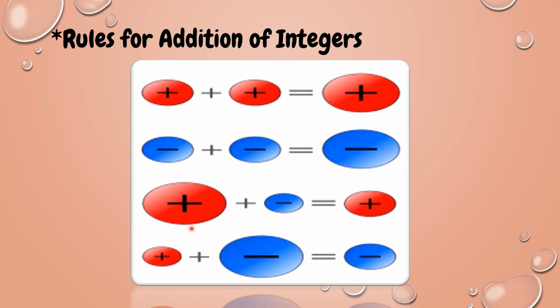For example, meron kayong 10 pesos. Ibig sabihin, pera nyo yun. So, iyon ay positive. Tapos, meron kayong utang sa kaklase nyo o sa magulang nyo ng 5 pesos. So, yung 5 pesos na yun, since iyon ay utang, it represents the negative number.